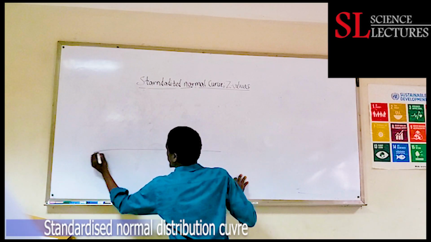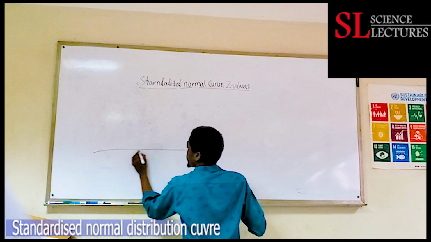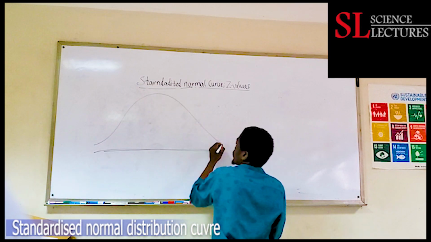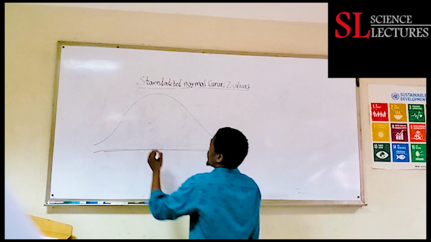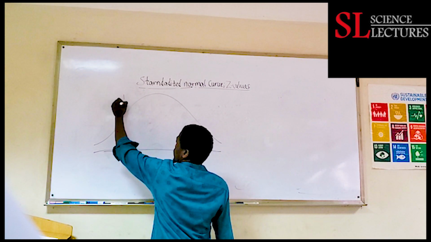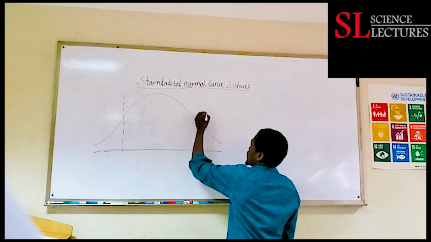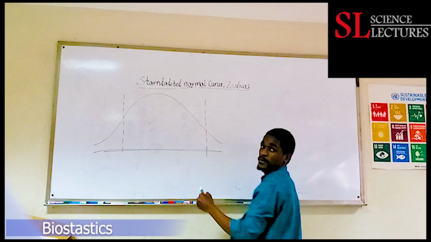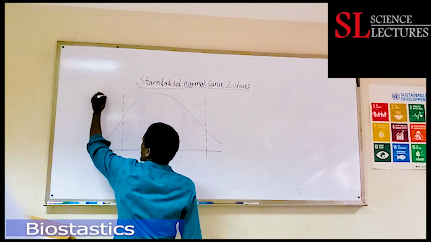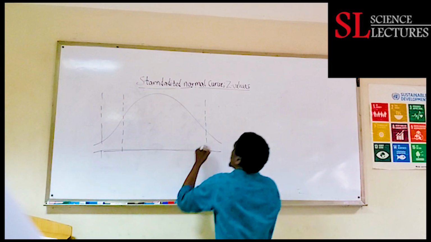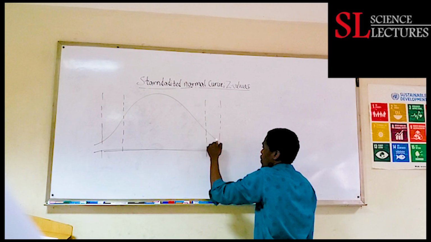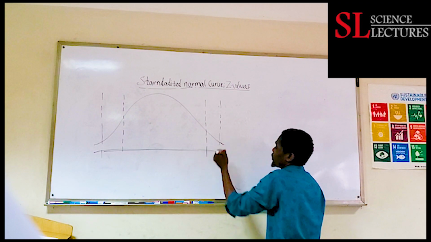So if this is our curve, I want us to combine both probabilities on the same curve, and we see.